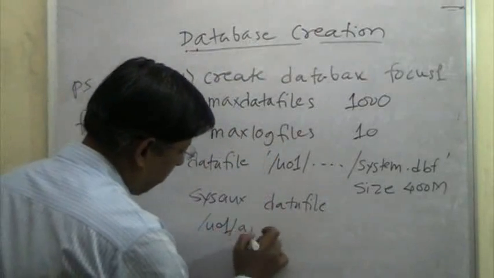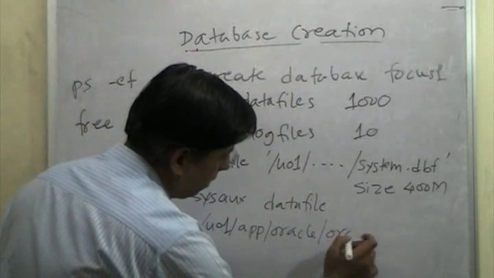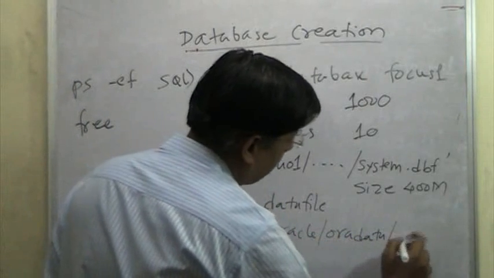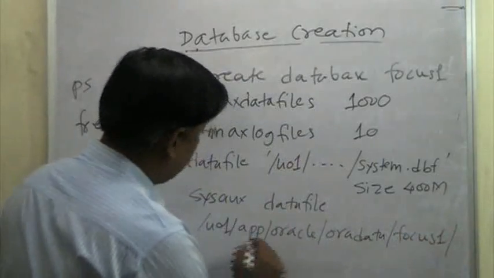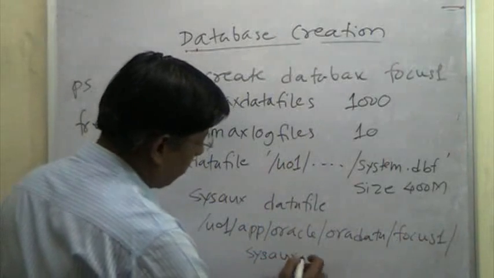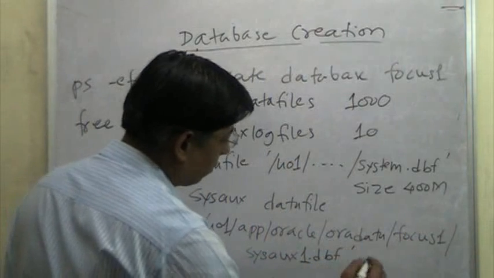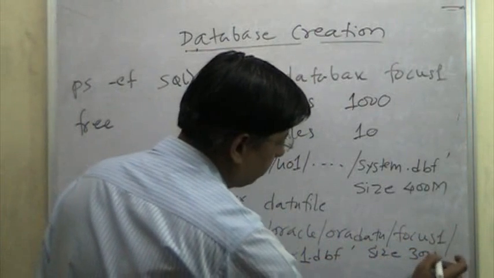u01 app oracle, then ora data, ora data slash focus1 slash sysaux. So I'm going to say sysaux1.dbf. And why I'm saying sysaux1.dbf is because let us say this is now 300 megabytes.